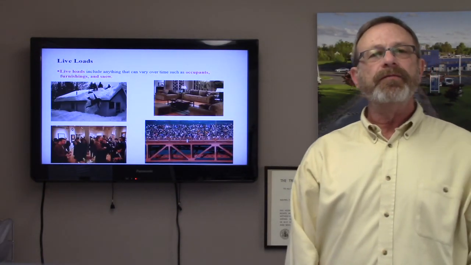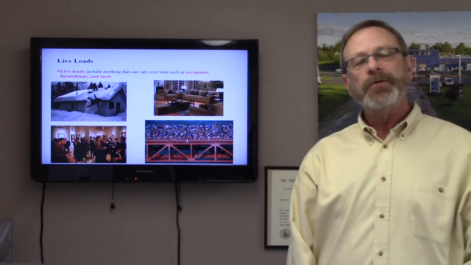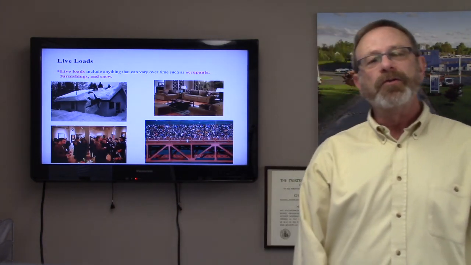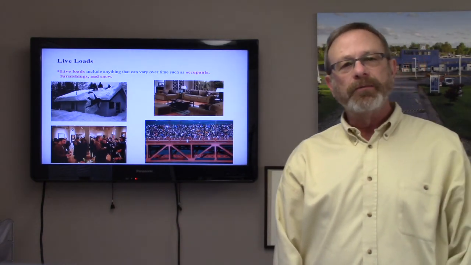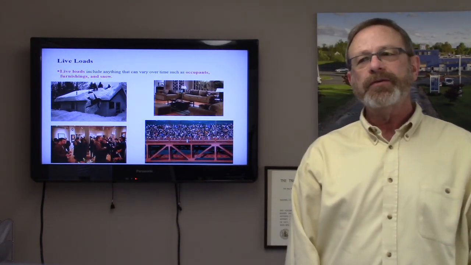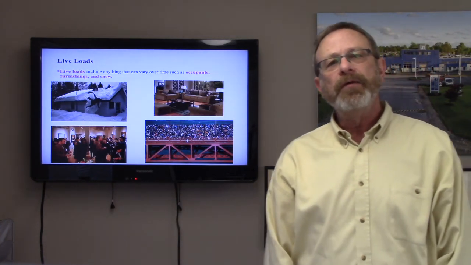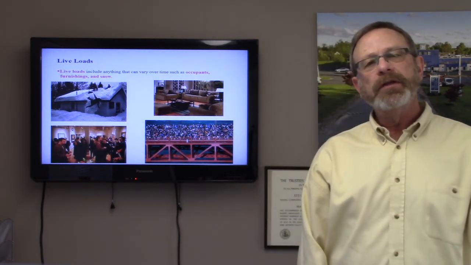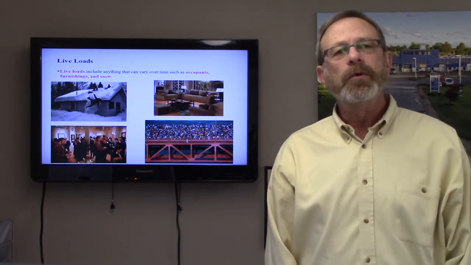Another type of live load that you may not have thought about is snow. Snow comes in the winter, we don't have it in the fall or the spring or the summer, so it's a live load, it's transient. One minute it may be there, the next season it's not going to be there at all. So the building codes require that we consider this as a live load, and the building codes do dictate much of what our design will allow.